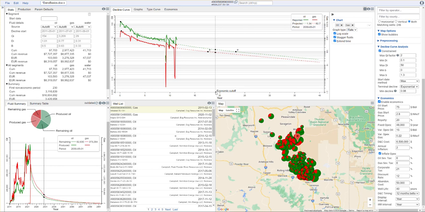So we can see this is the point where, based on this set of economic criteria, our well will go offline, and that's where our EUR is going to be truncated, at this point right here. And for things like our fluid summary graph, this is where this well will come offline. So that's one of the areas where we can see the impact of adding economics.